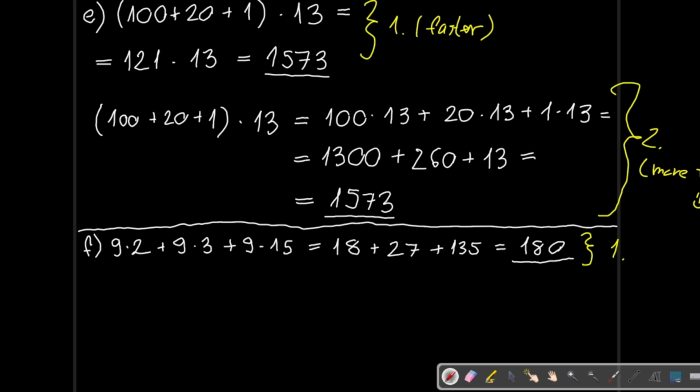The second way is again by using the distribution rule. We see that the numbers here are multiplied by 9 each time, so we can kind of write that in a different form.